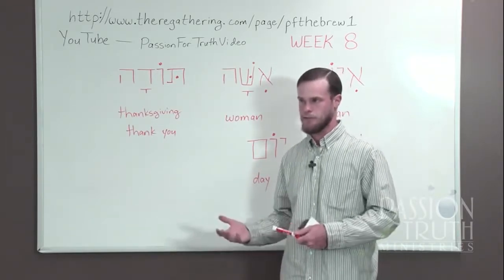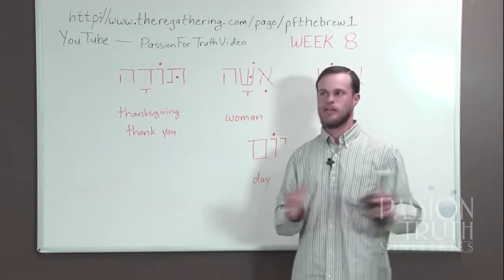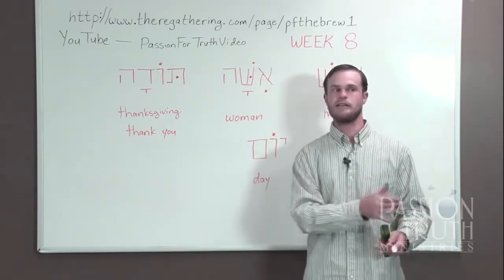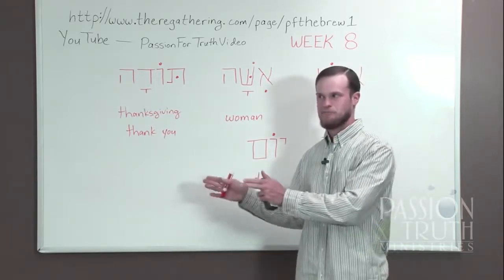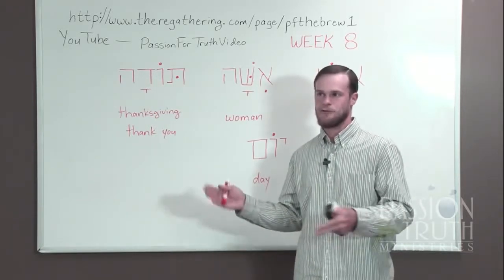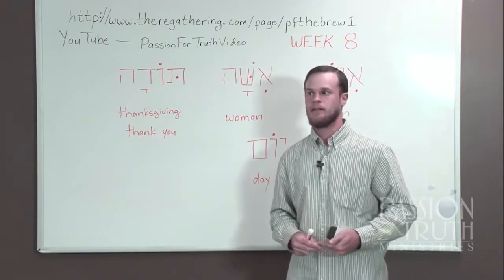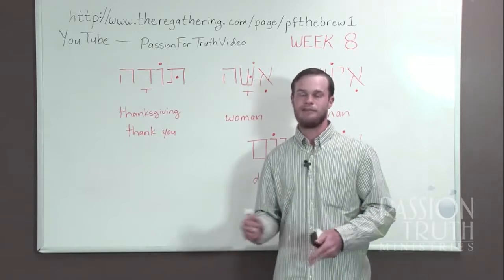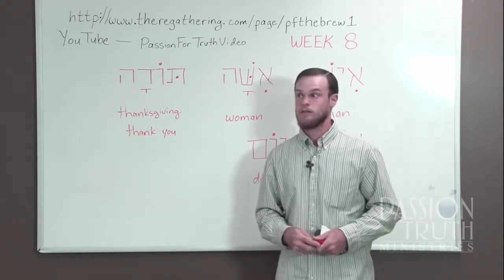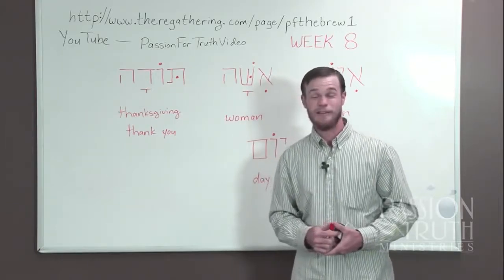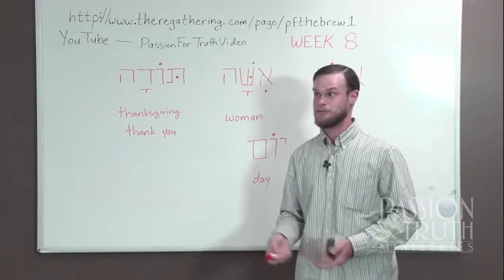HaSatan means the adversary. A lot of times HaSatan is used on its own, like the adversary did this, that, or the other thing. In that case, it's pretty clear it's talking about a specific thing, not just anybody. They're honing in on a specific idea. But when it's not used like that, it does frequently refer to people. However, not in every case. It's pretty clear in some cases that it's not referring to a person.